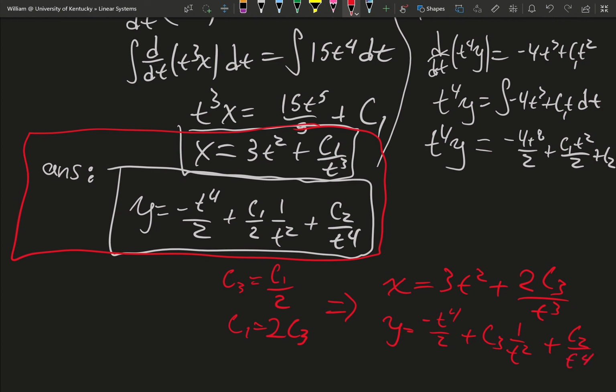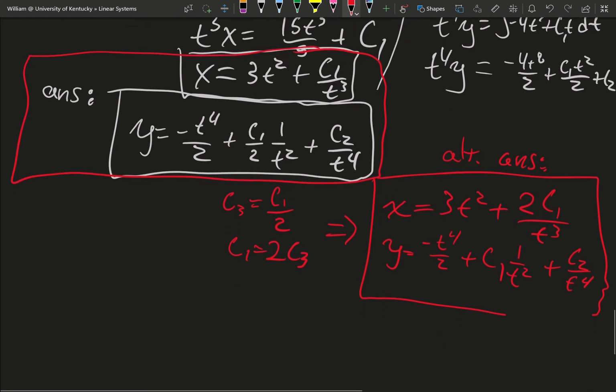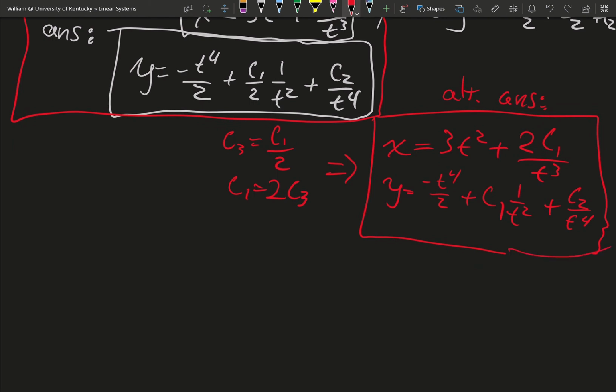Except now, it's weird, there's just c3 and c2, so I just call it c1 again. So this is an alternate answer, which is totally correct, just a slightly different way of writing it. Either way is fine. If you want to be real safe, you could just really not absorb any constants inside your C1 and C2. All right, let's end the video here after an exercise.